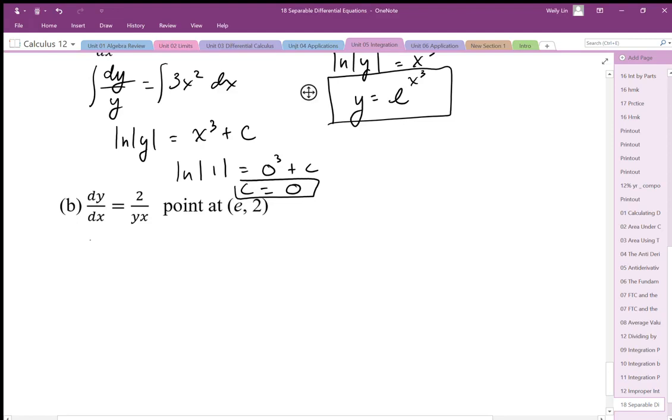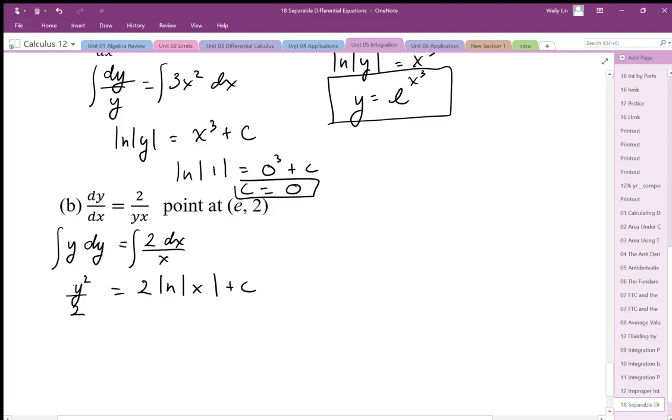This one ends up being y times dy. I'm going to leave the 2 on this side, so we get dx over x. Integrate. Okay, so we end up with y squared over 2 is equal to 2 log x plus c.